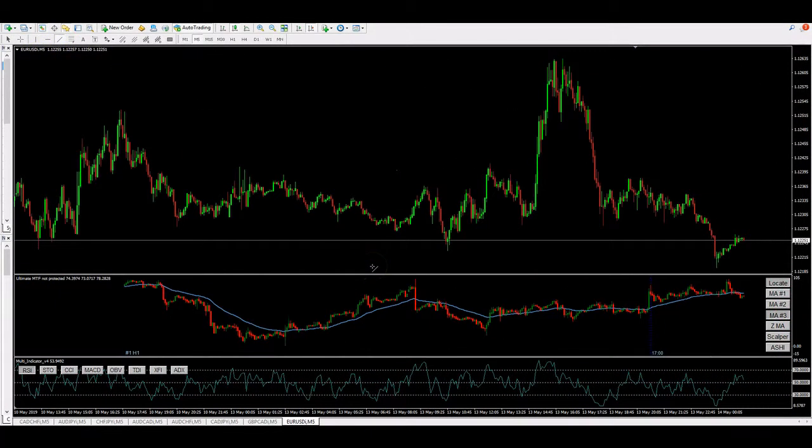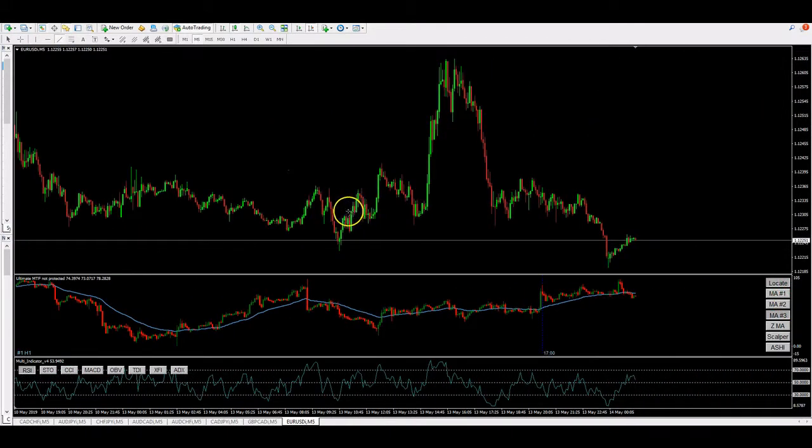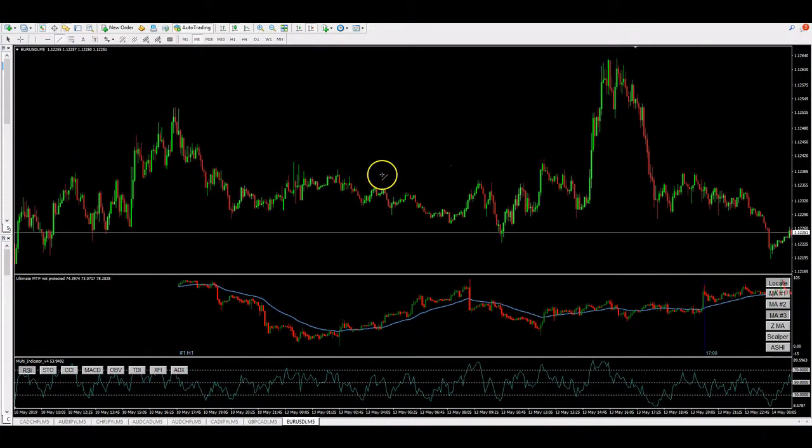Now, one thing I didn't say that I should have said to start with when it comes to drawing trend lines, when I look to draw a trend line that I'm looking for a buy, a bullish movement off of, my trend line has to be either completely horizontal or descending, like this.